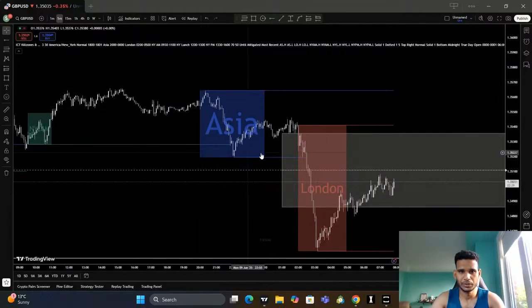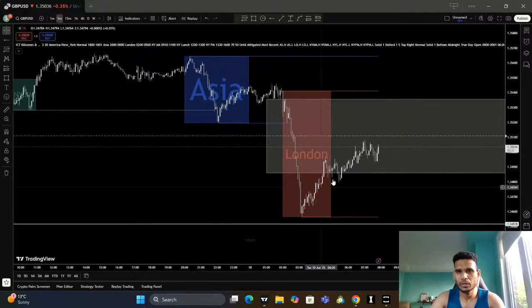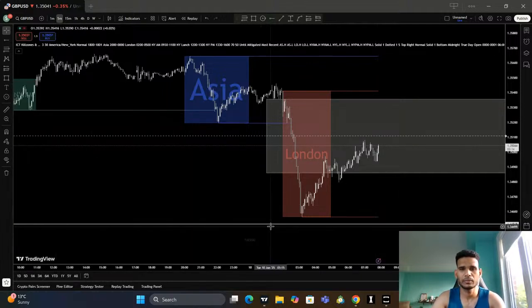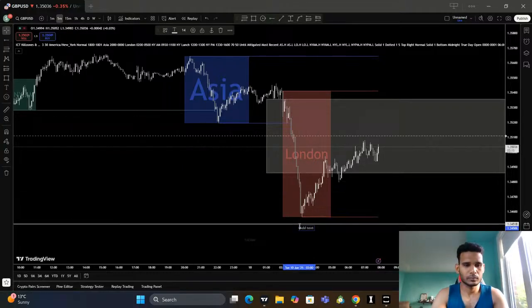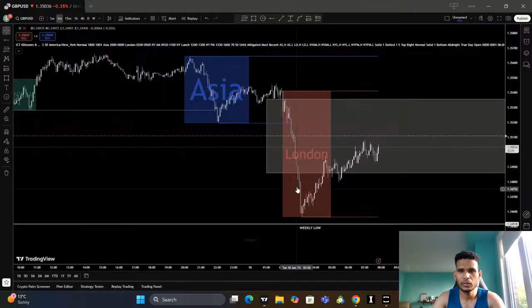In the London session, price went all the way up to a 50% level and started to break downside, like a kind of continuation. So expect the same here until it reaches the weekly low. This is going to be the weekly low.